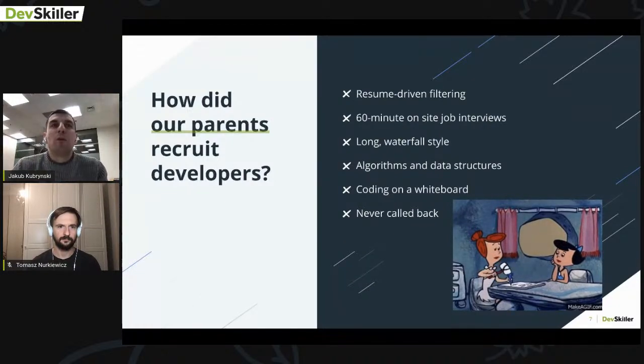After choosing candidates based on the resume, we were inviting them for 60-minute on-site job interviews. And after handling hundreds, or I don't know, 40 of such interviews, we were choosing from this whole pool of candidates who we were going to hire. And often it happened that after handling all those interviews, especially the best candidates were saying, I'm not interested anymore, I already got a job, I chose to go to work for your competitors.